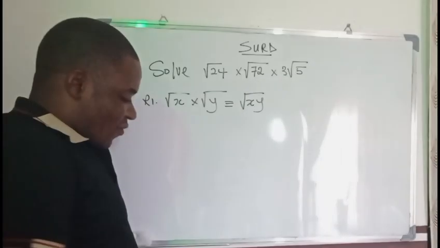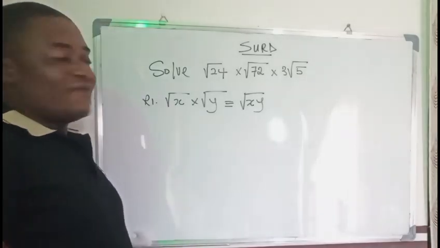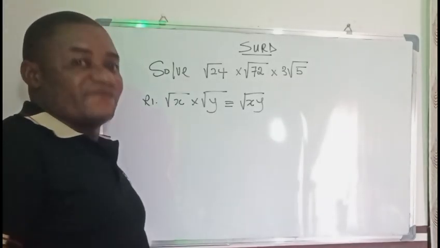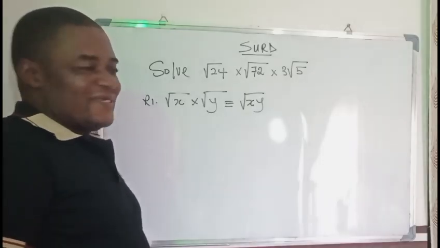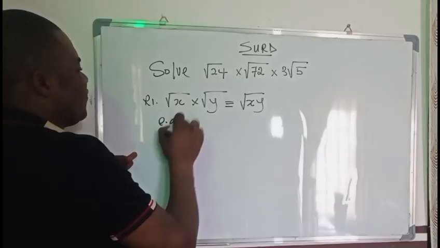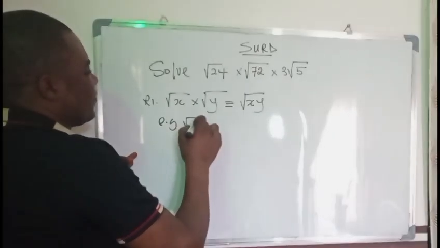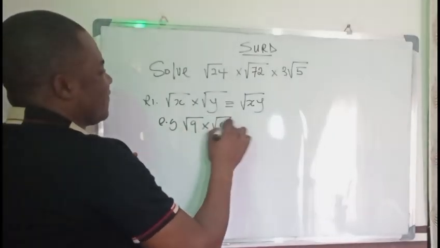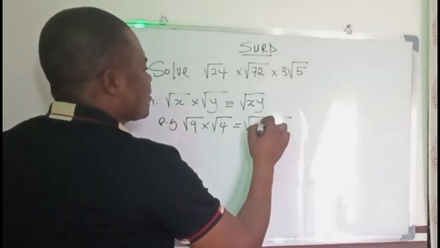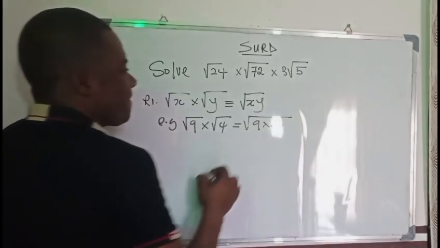You must make sure you understand the basics of this particular rule. And this is more like a product rule for surds. Now this can easily be explained like this: if you have √9 times √4, you can easily make it one surd of 9 times 4.